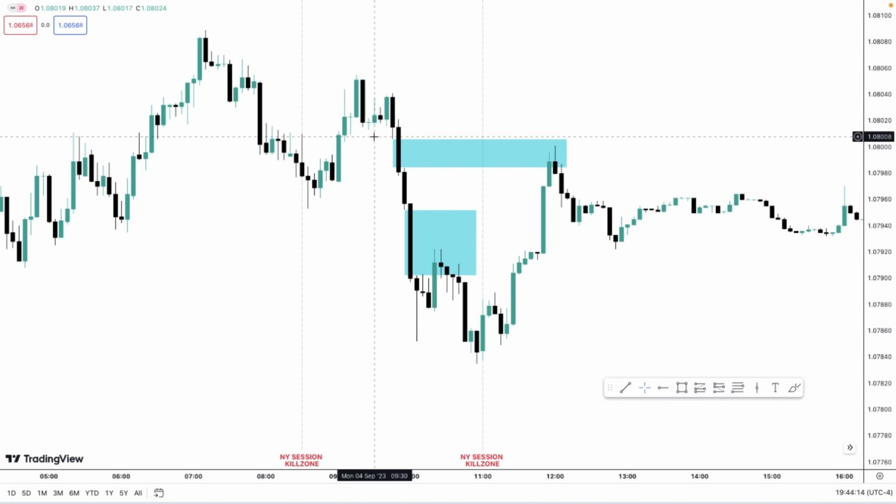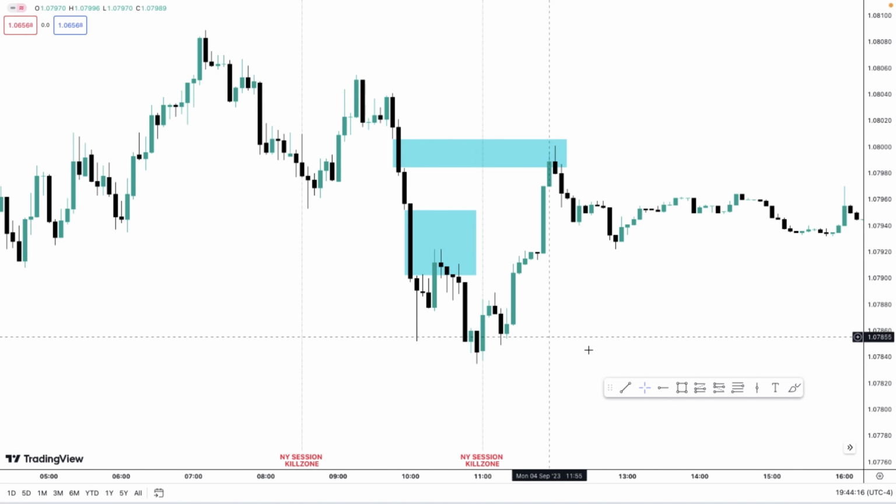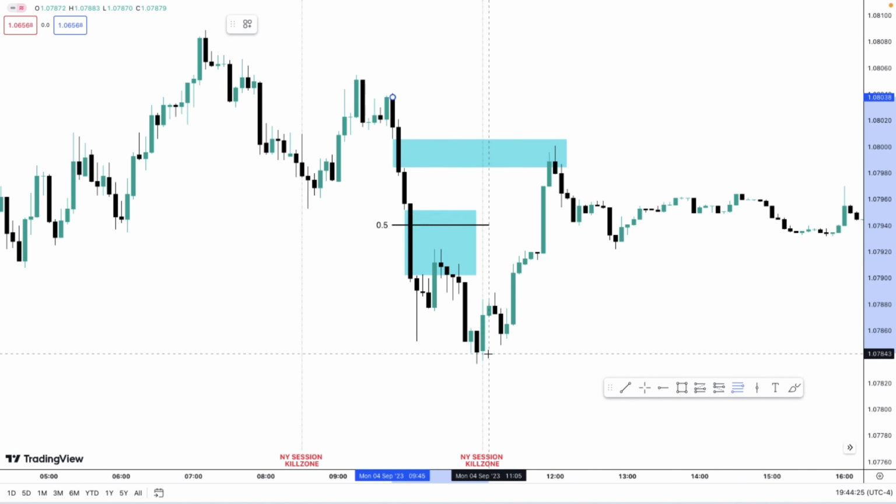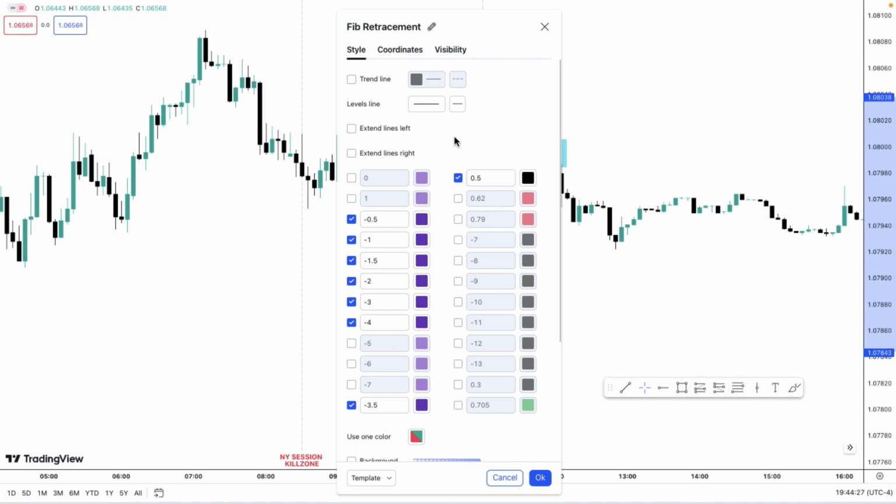It just aggressively moved lower. So how can I take advantage of that? Well, I'll take my fib and mark from the swing high to the swing low. I'm going to remove all this, and then put the 62, the 79, and the 70.